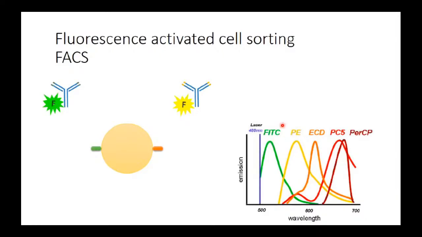I need to know the wavelength every fluorophore emits light in. So if I use two different fluorophores, then I can study two different proteins. For example, this fluorophore emits a green light, and this fluorophore emits yellow light. So they are different wavelengths.